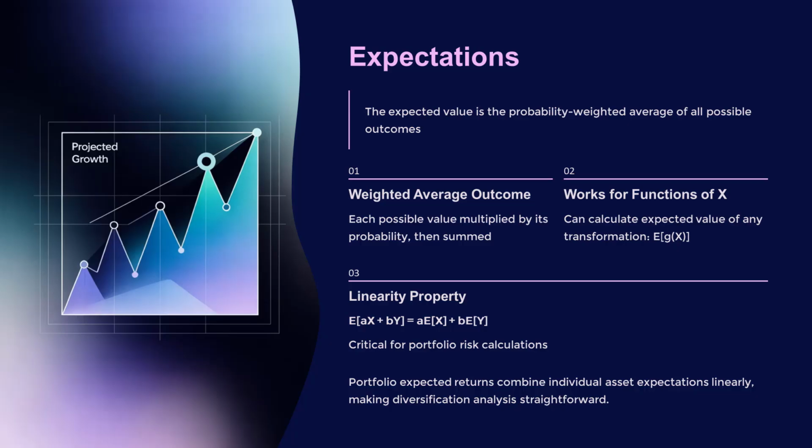We can take the expectation of any function of x. For example, the expected payoff of an option depends on the distribution of the underlying price through a nonlinear payoff function. One critical property: linearity of expectation. The expectation of a times x plus b times y equals a times E of x plus b times E of y. This is why portfolio expected return is just the weighted sum of expected returns.